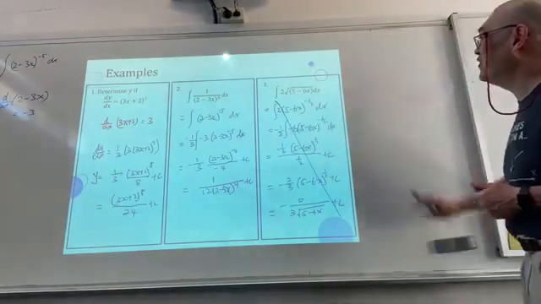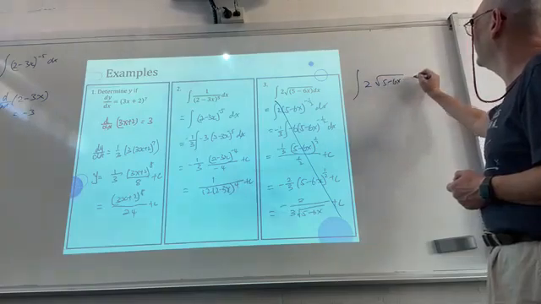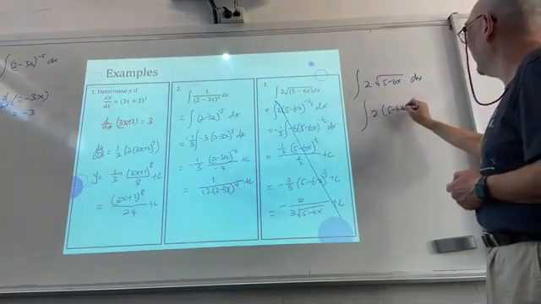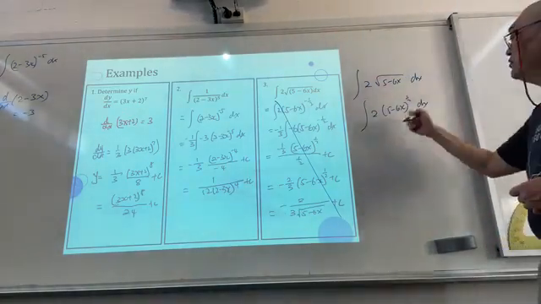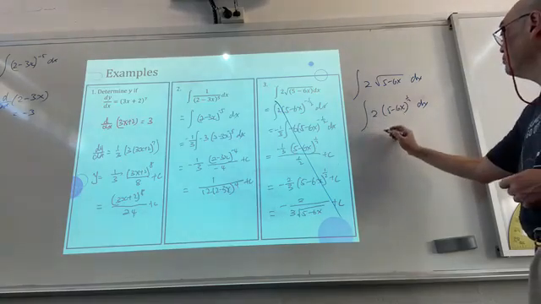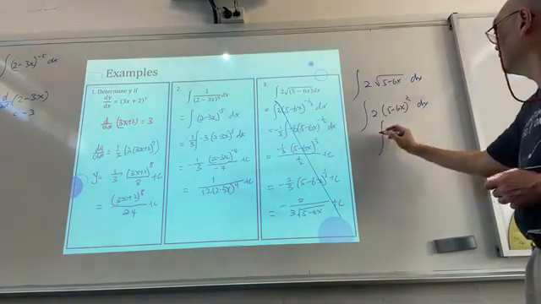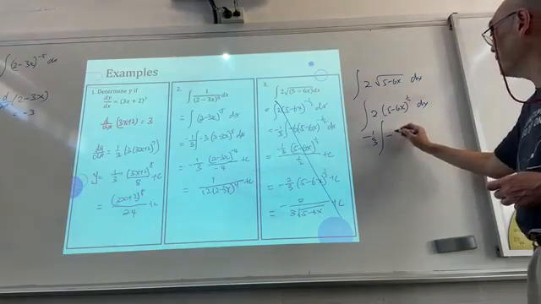Alright? So if you look at this, 2 square root of 5 minus 6x dx is 2 times (5 minus 6x) to the power of half dx. So I do know that I need a minus 1/3, times minus 6.